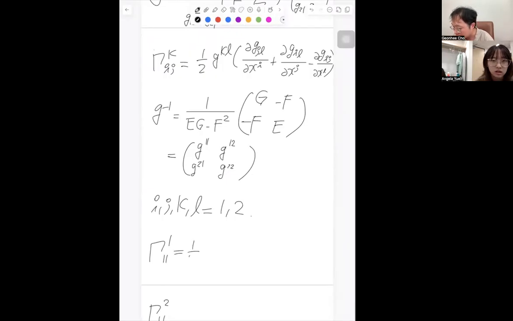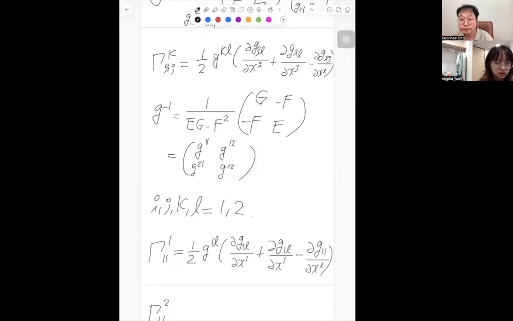This means 1/2 of g superscript 1l, and you will get partial derivatives. So i and j are all equal to 1, so I will get the partial derivative of g sub 1l with respect to x1, plus the partial derivative of g sub 1l with respect to x1 as well, since i and j are equal to 1 in this case, minus the partial derivative of g sub 1,1 divided by this. I just copy, replacing our indices.